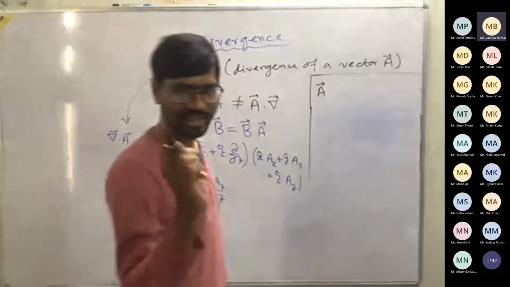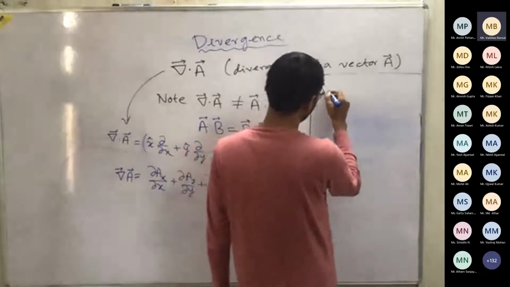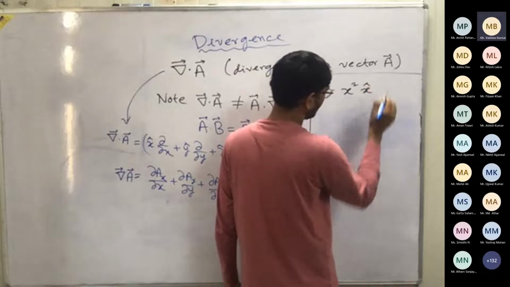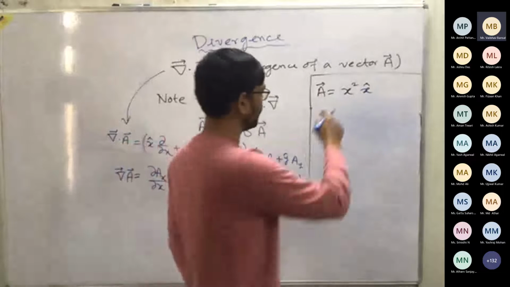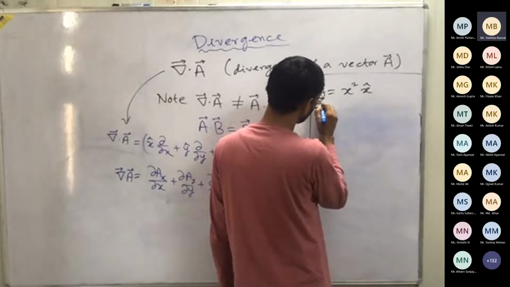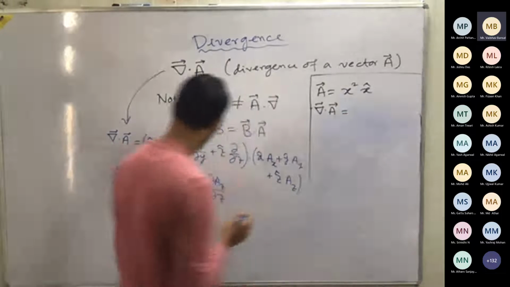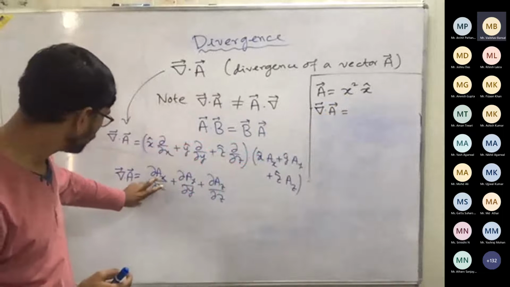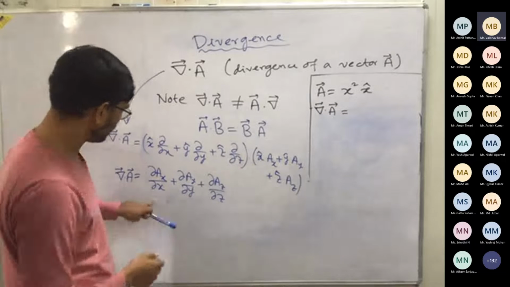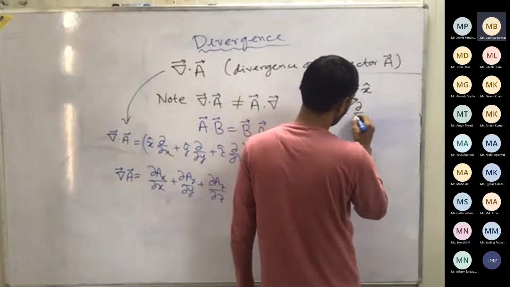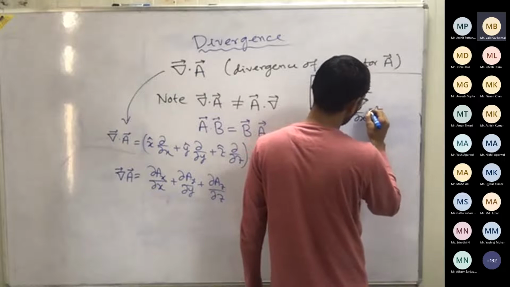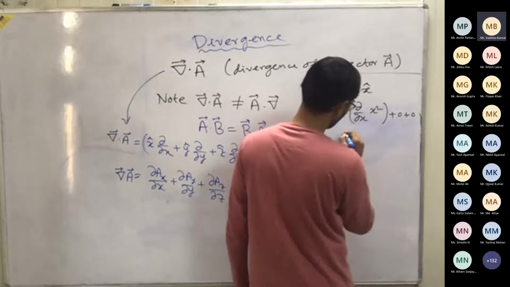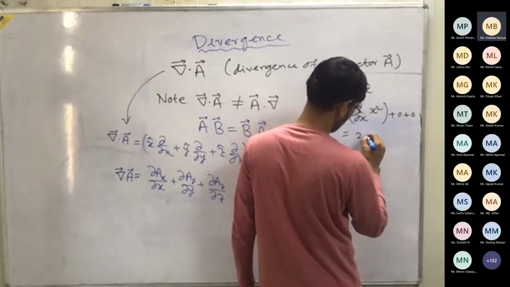Let's start with x square, as I took earlier; now here it is a vector. Then del dot A: Ax is x square, so del x square del x, plus 0. So we have 2x.